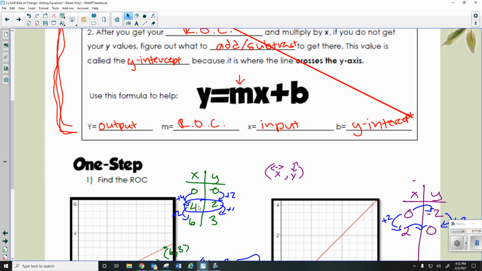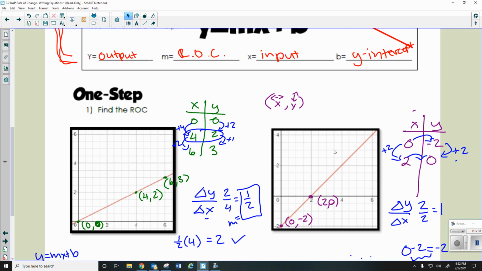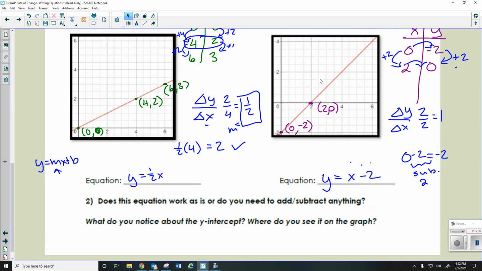Let's review. The y-intercept was b in the equation. It's whatever I add or subtract. In this one, this is my y-intercept: -2. Where do you see it on the graph? Right there, -2.